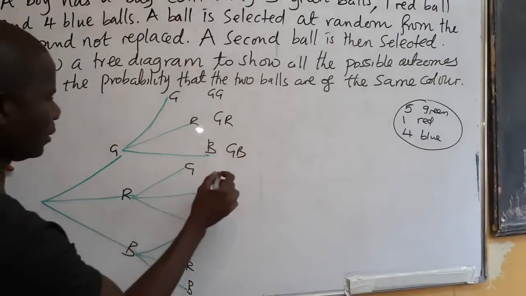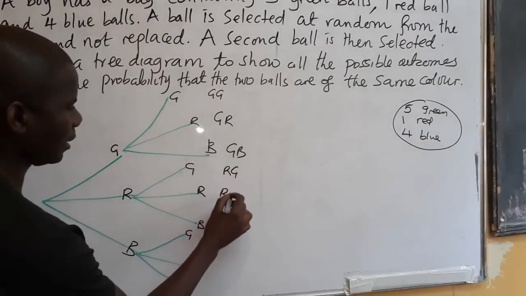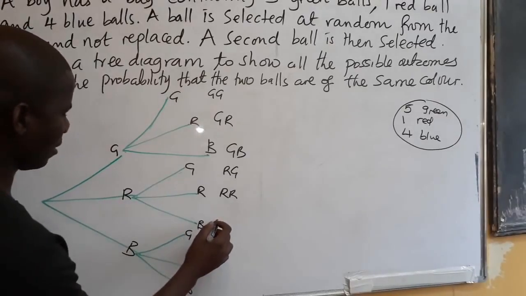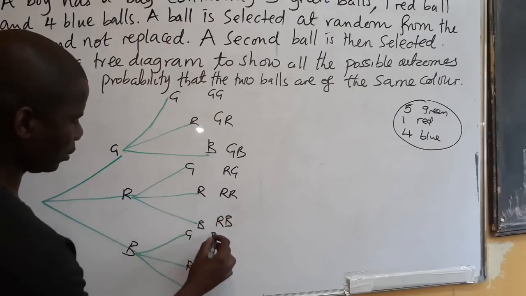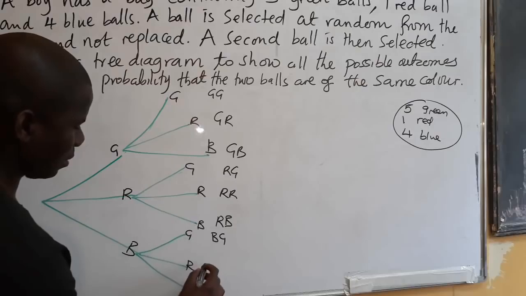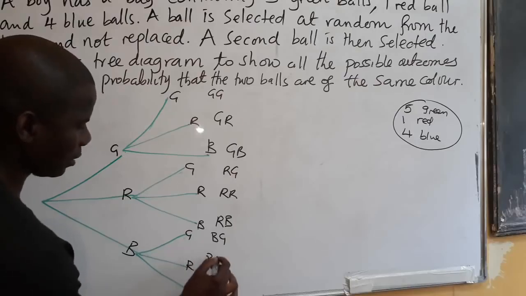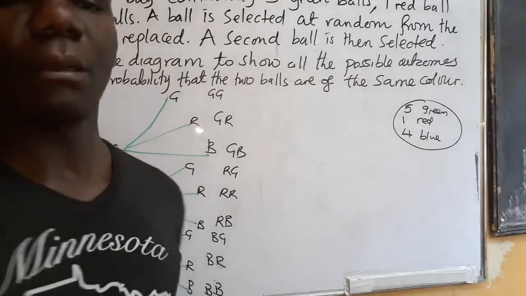Then this one is red, green, red, red. And this one is red, blue. And this one is blue, green, blue, blue. And then blue, red, sorry. Then blue, blue.